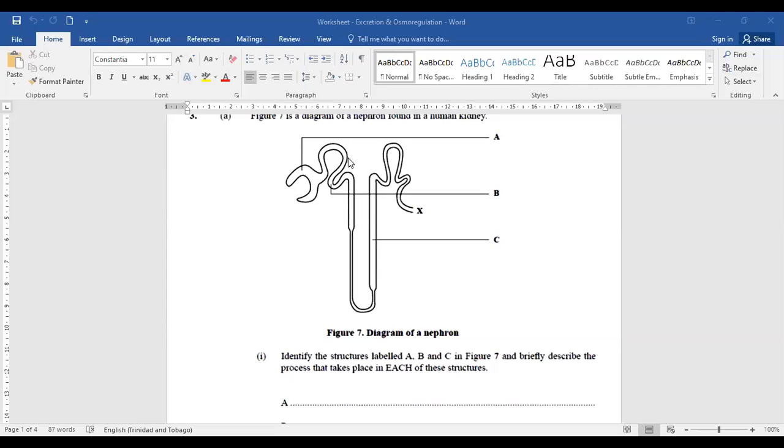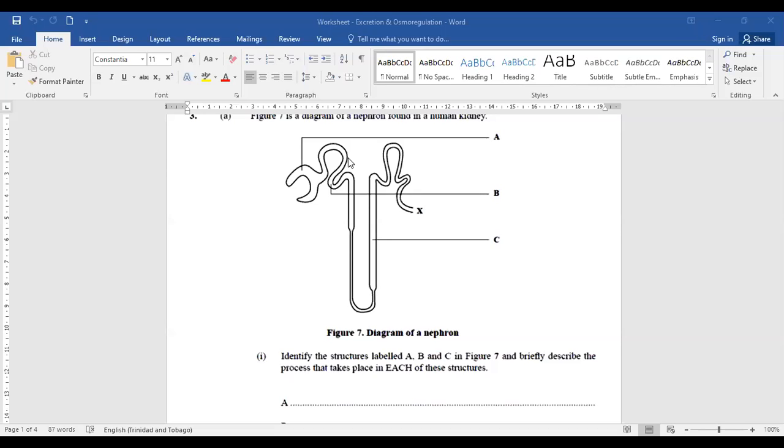Okay, so what is part B? Very good. It is a tubule. If you say the first convoluted tubule, that will also be correct. But it's a convoluted tubule, or a tubule.